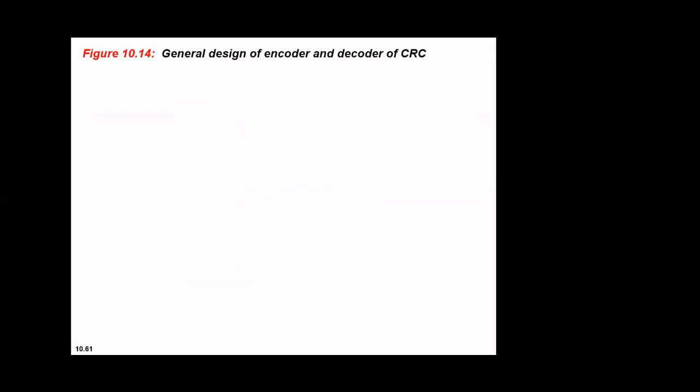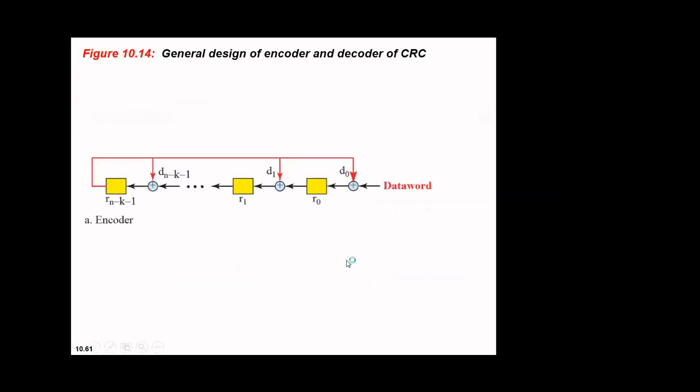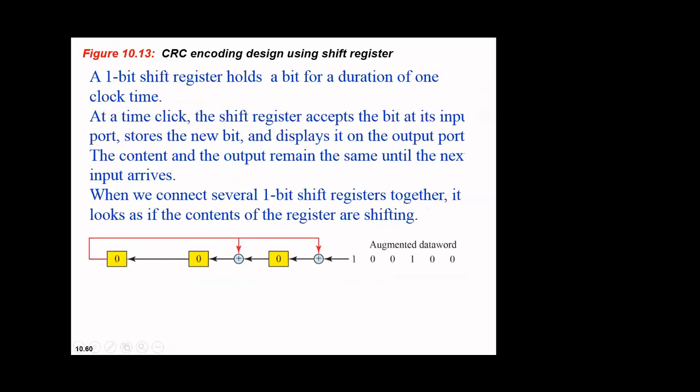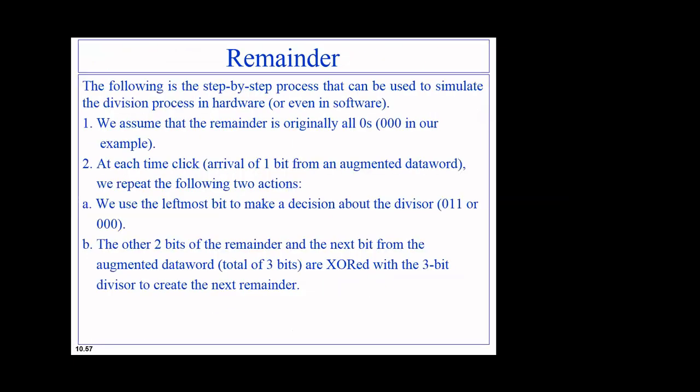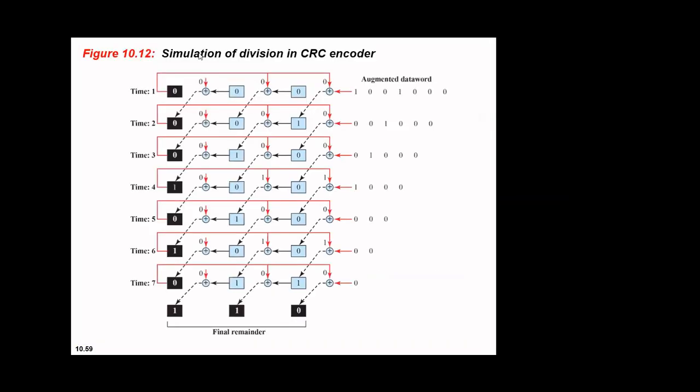Last time we had seen this particular scenario. In the encoder, the complete data word was how many bits? 1 2 3 4 5 6 7. So this is the total size of n.